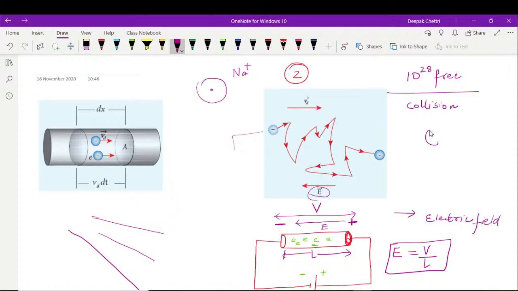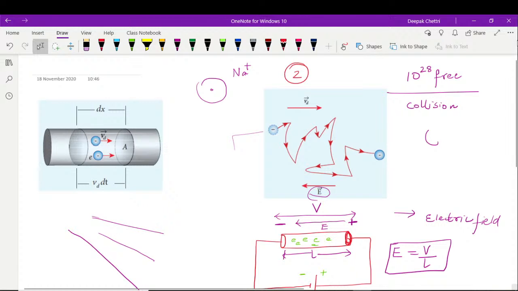That is the problem, and that is why the red line shows the direction of the electrons. Any doubts?